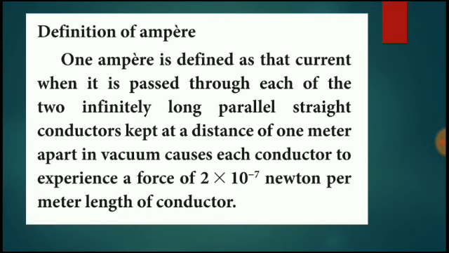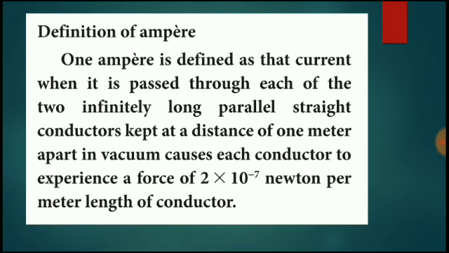Again, 1 ampere is defined as that current which, when passed through each of two infinitely long parallel straight conductors kept at a distance of 1 meter apart in vacuum, causes each conductor to experience a force of 2 into 10 power minus 7 Newton per meter length of conductor.